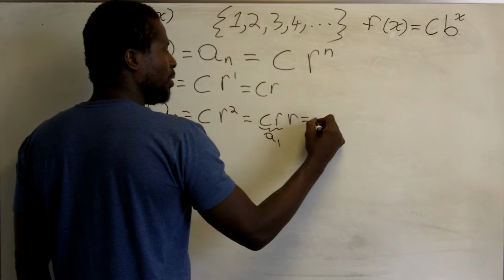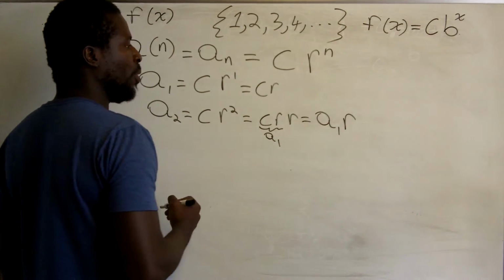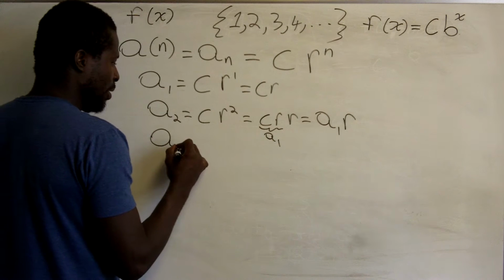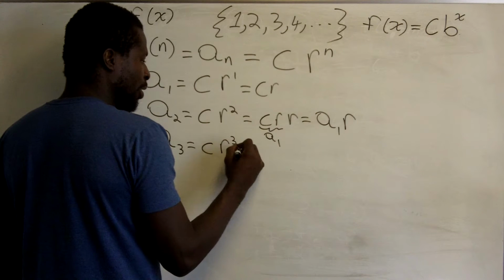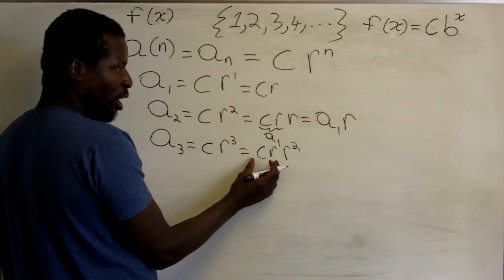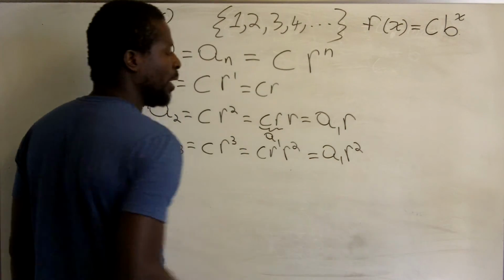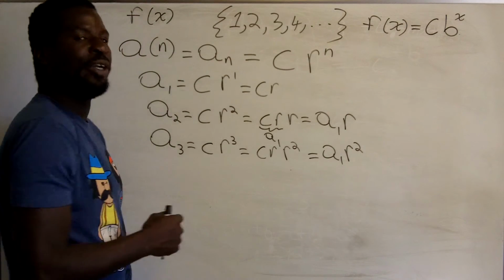So this is really a1 times r to the first power. a3 is equal to c times r cubed, or cr times r squared. Remember, cr is just a1, multiplied by r squared. So we're getting an expression in terms of a1, the first term.